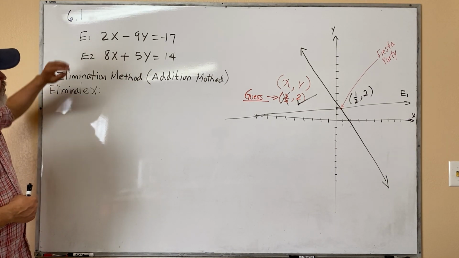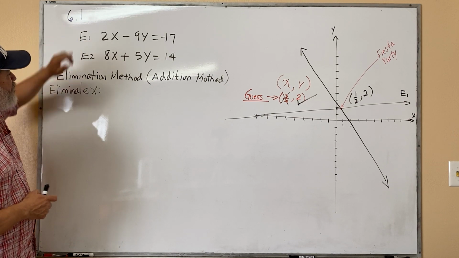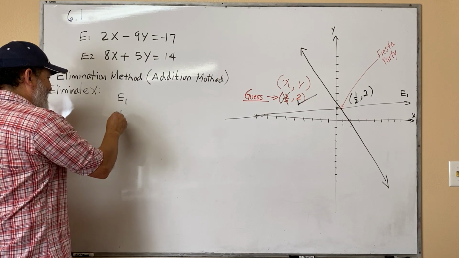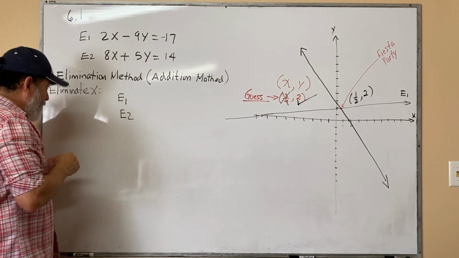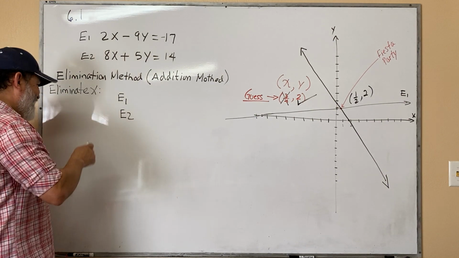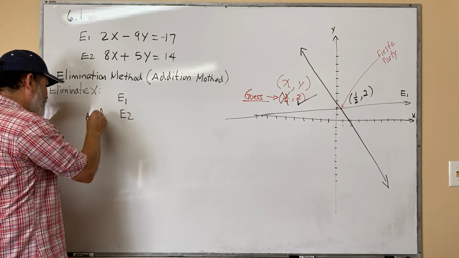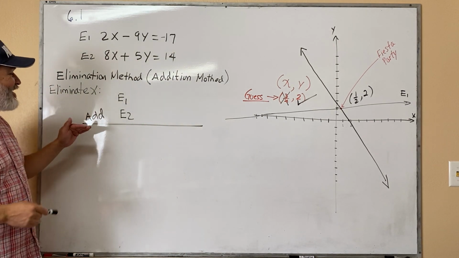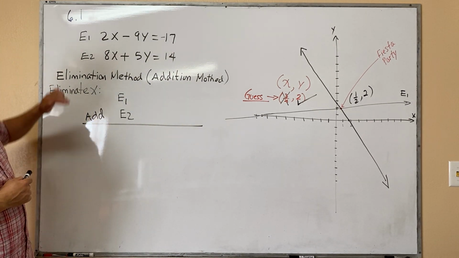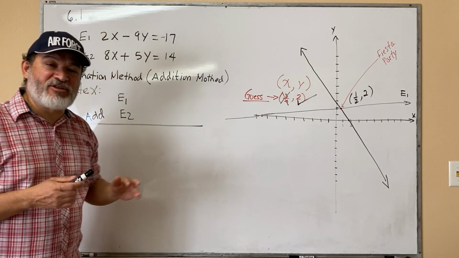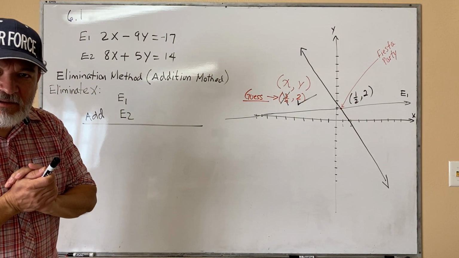Okay? So I'm going to take equation 1 and equation 2, and I'm going to add both equations. In the process, I want my x terms to cancel each other.